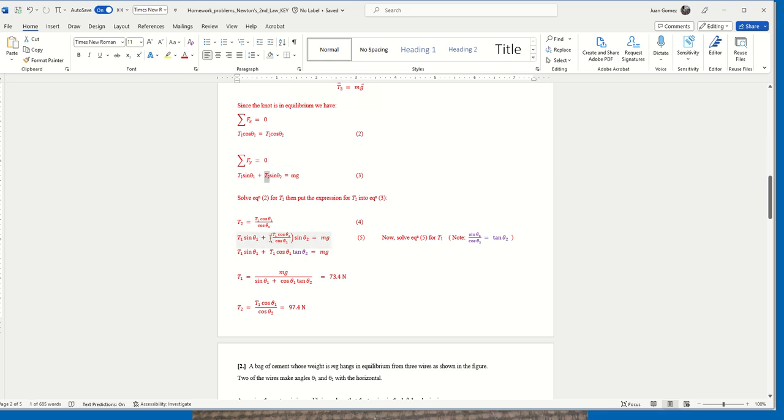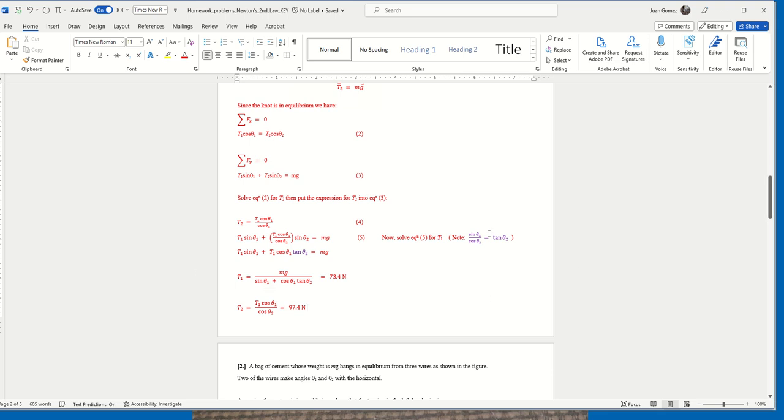That's what I'm doing right here, in equation 5. This term in parentheses is the expression for T2. So I have T1 sine theta 1 plus parentheses T1 cosine theta 1 over cosine theta 2, close parentheses, times sine theta 2 equals mg on the right.